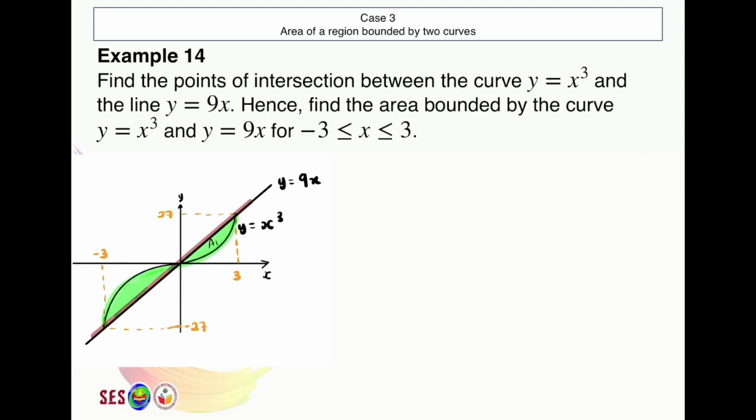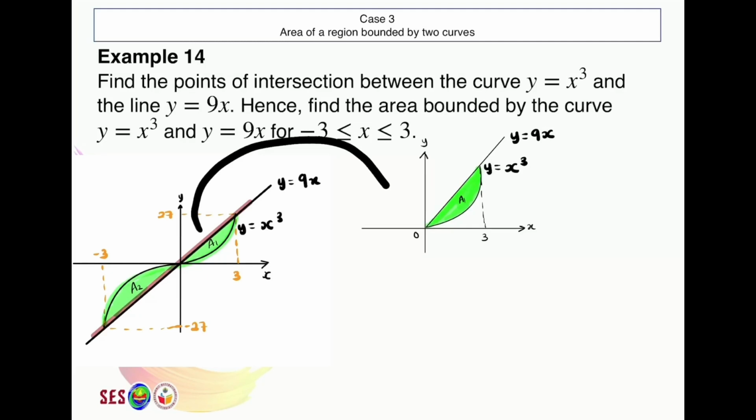So this is A1 and this will be A2. If you were to focus on area number 1, and look at it closely, you could see we could obtain the area by using the formula to find the area of a region bounded by the curve and the x-axis.